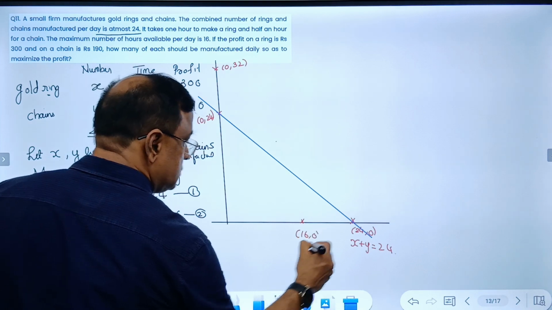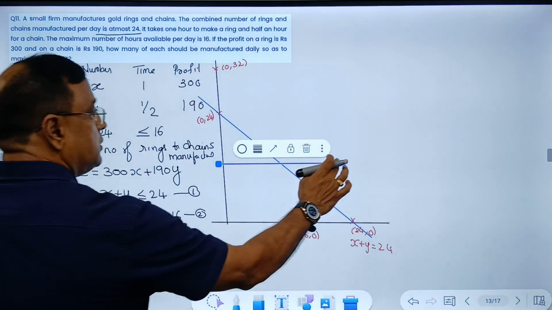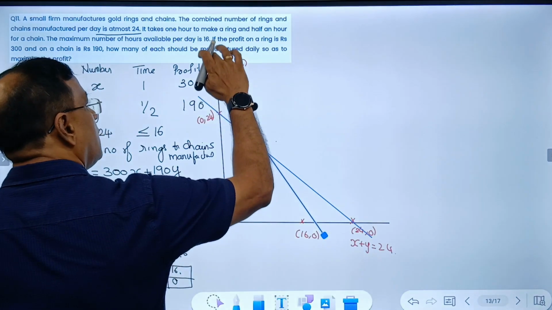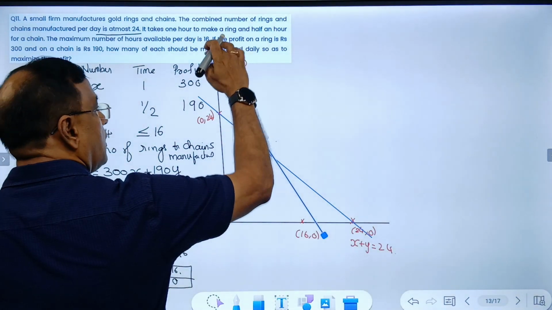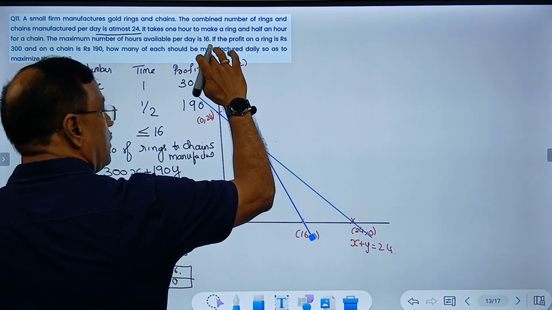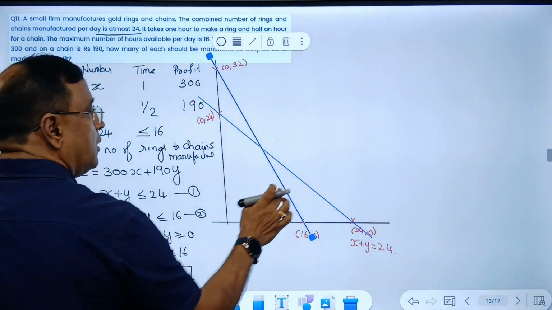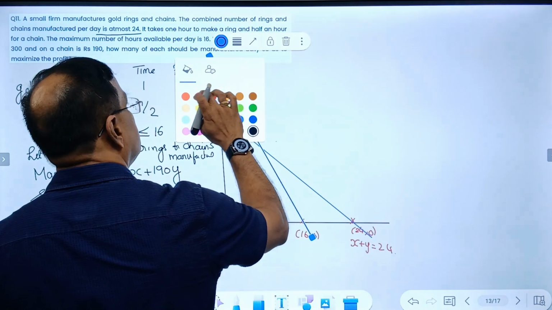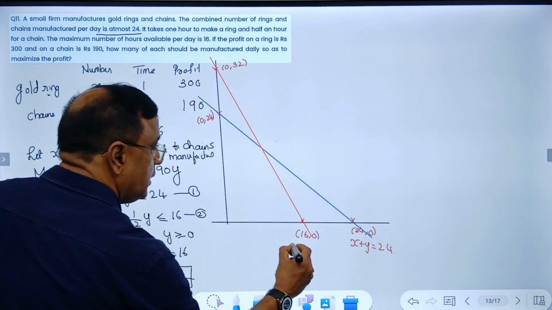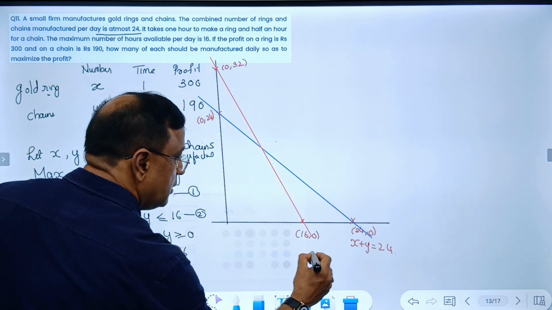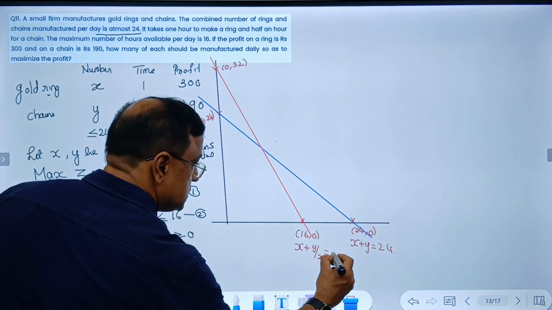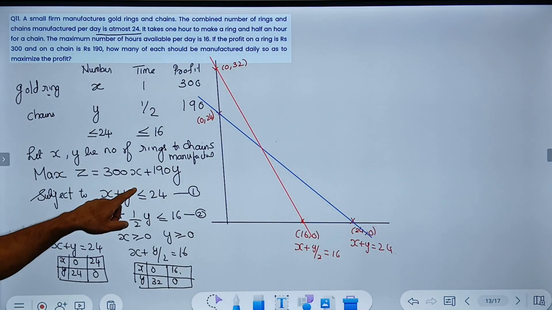Now let's plot the line, in a nice red color. So these are the two lines, and this is x plus y by 2 equal to 16, and both are less than constraints.